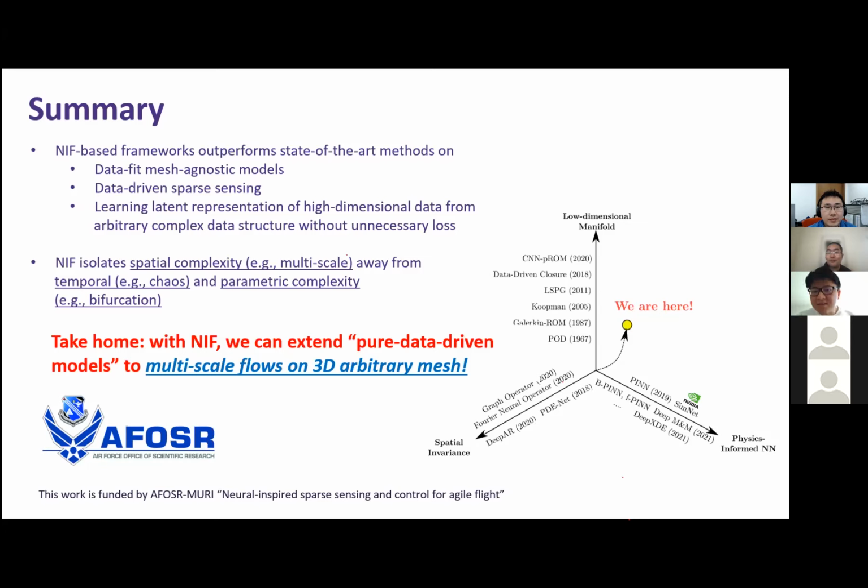Yes, thank you, Professor Fan. I think this is really an interesting suggestion. Right now I haven't thought about that, but ultimately I want to use NIF for digital twins. And when I'm using digital twins, I need to update the model with data, and decide which data I should use to improve it.